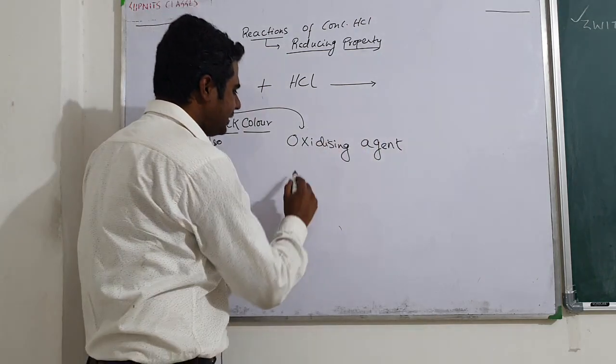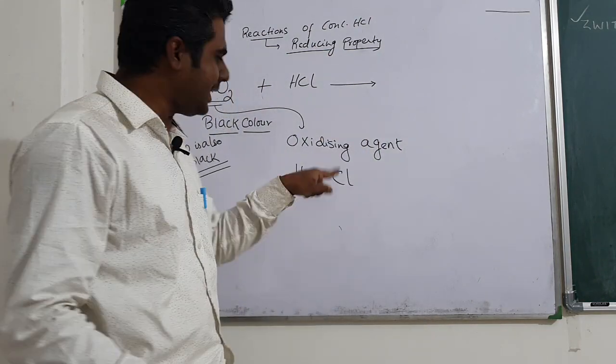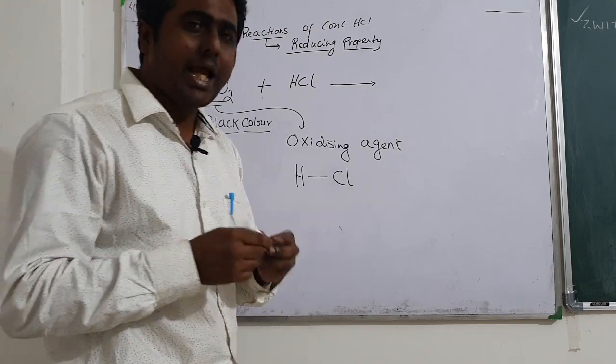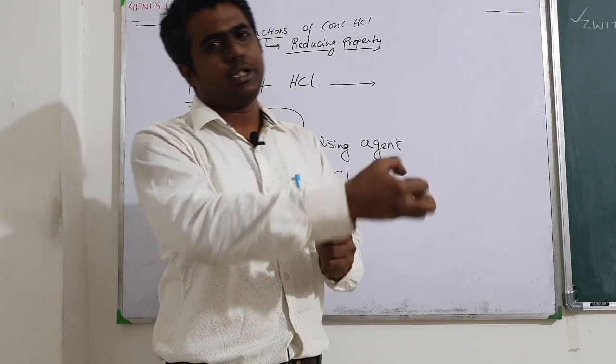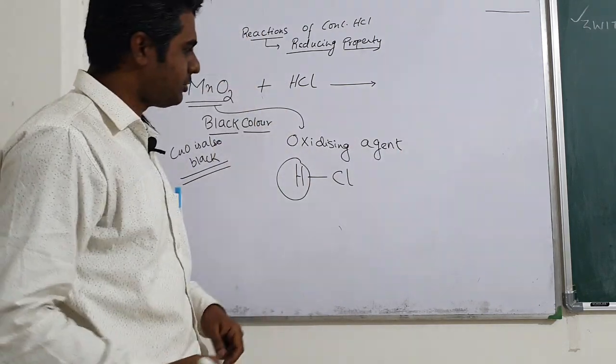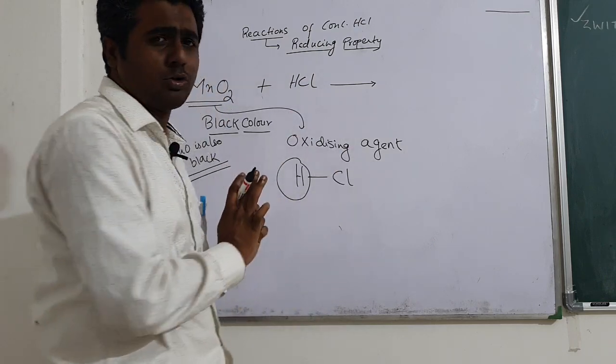Now HCl has H and Cl. If you want to oxidize this substance, either you add some oxygen or you take out some hydrogen. Before adding oxygen, I can easily take out hydrogen.